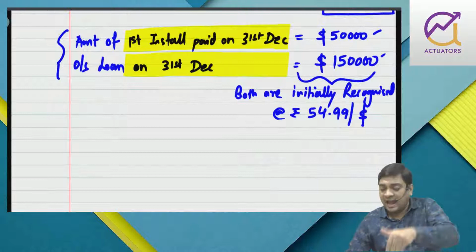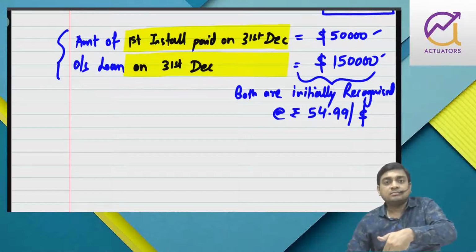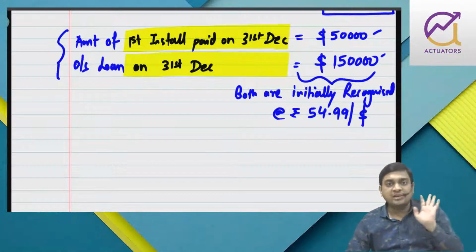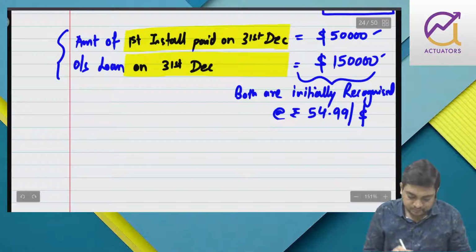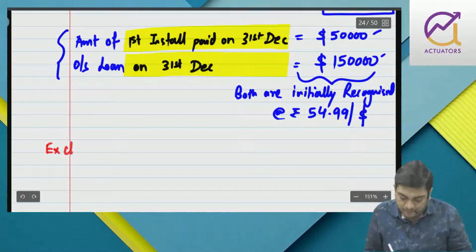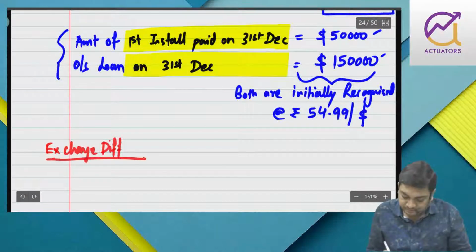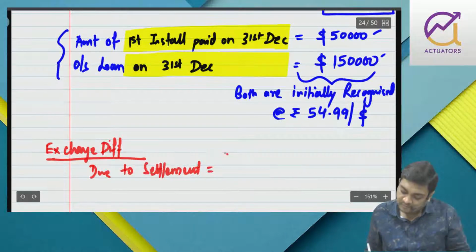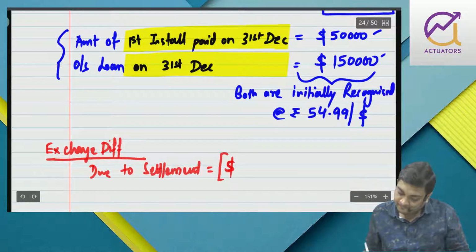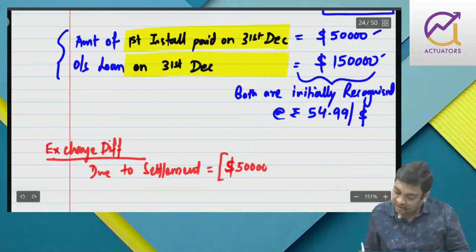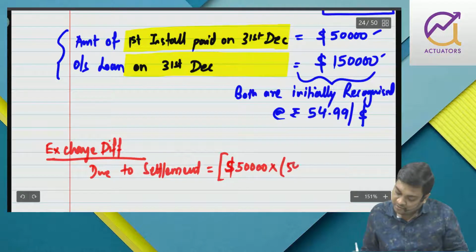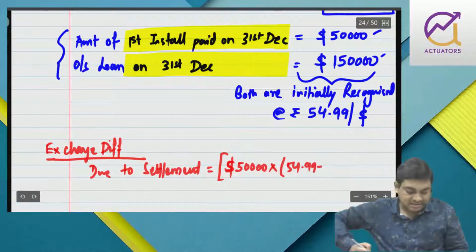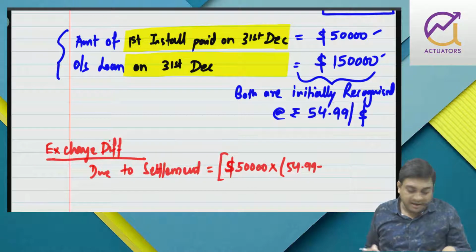Anyway, due to settlement and outstanding foreign loan, both should be revalued. Exchange difference due to settlement: $50,000 into 54.99 minus the dollar rate on the balance sheet date.